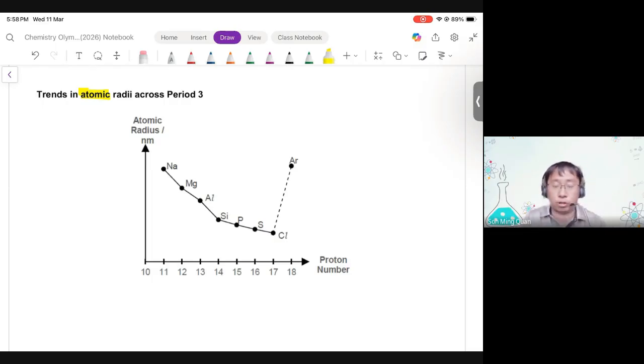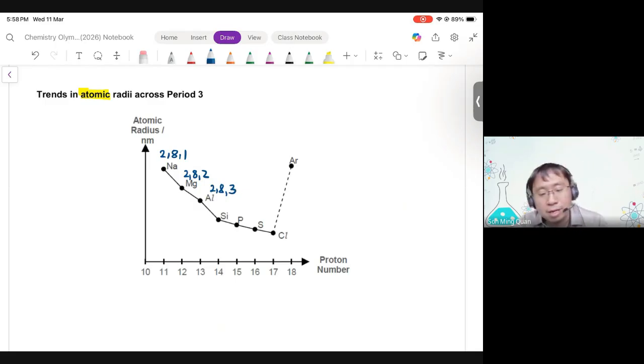Has it gained electron? No. Atom means from periodic table, hasn't lost, hasn't gained. Meaning sodium atom is 2,8,1. Haven't lost the 1 yet. Magnesium 2,8,2. Aluminium 2,8,3, and so on and so forth.